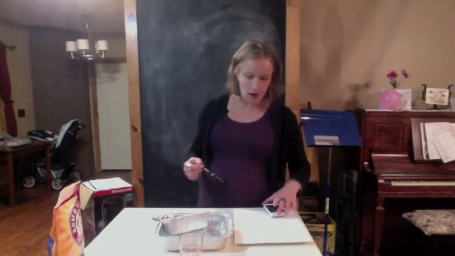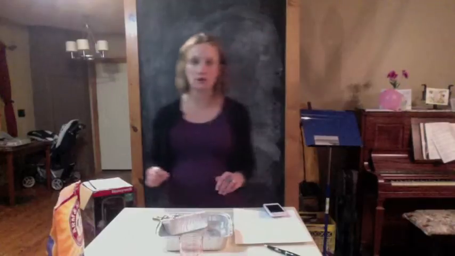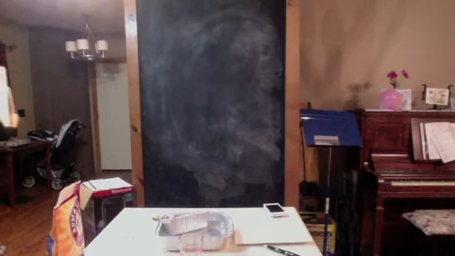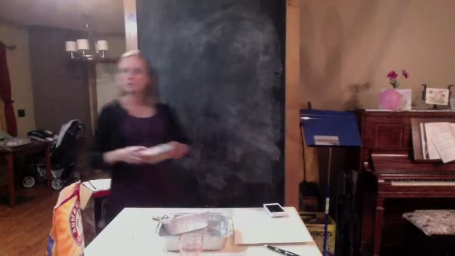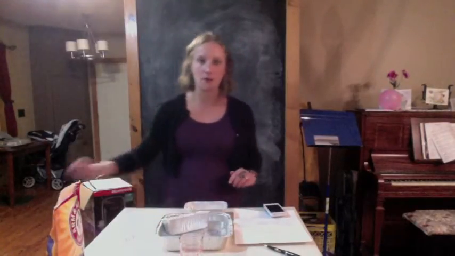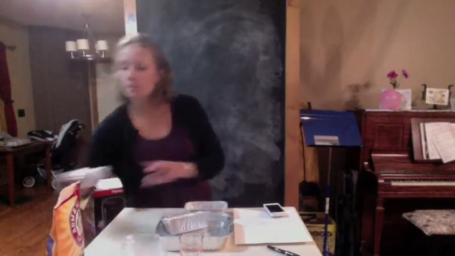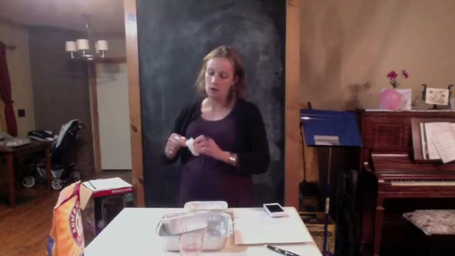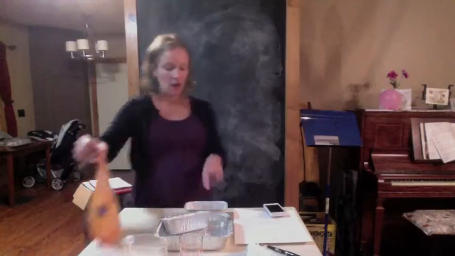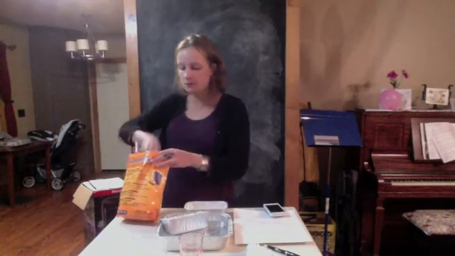Now let's look at the cold vinegar. I'm going to get that out of the freezer. So now that's been sitting there for a good 5 minutes. What we're doing is making sure that one sample of vinegar is hot and one sample of vinegar is cold.